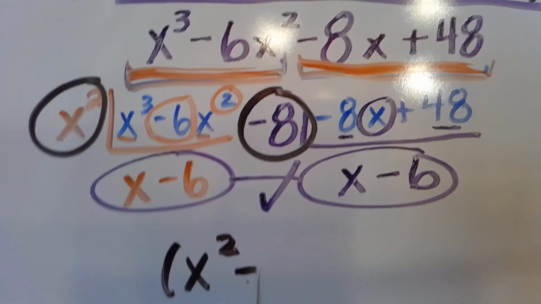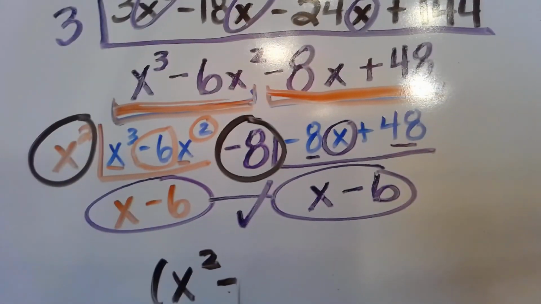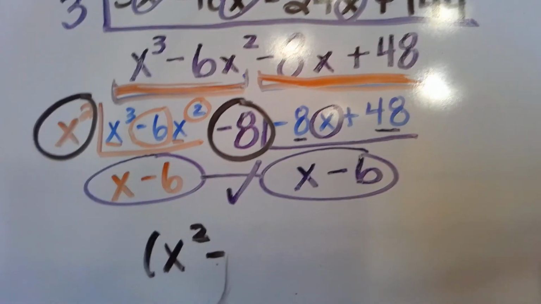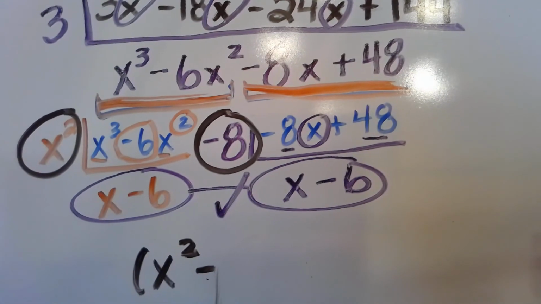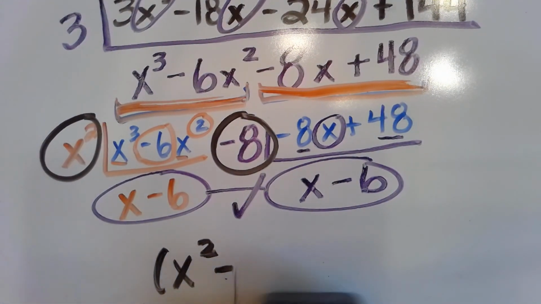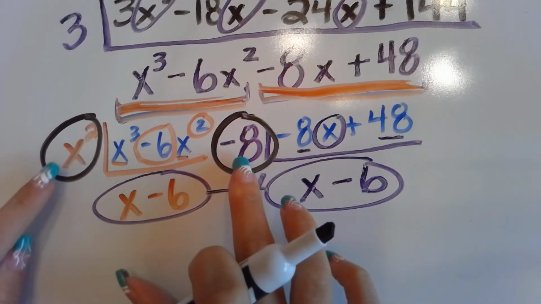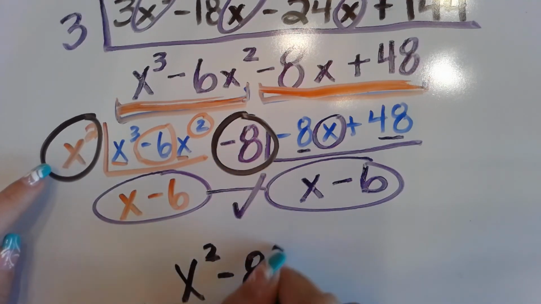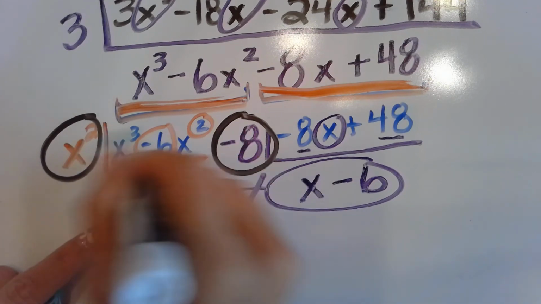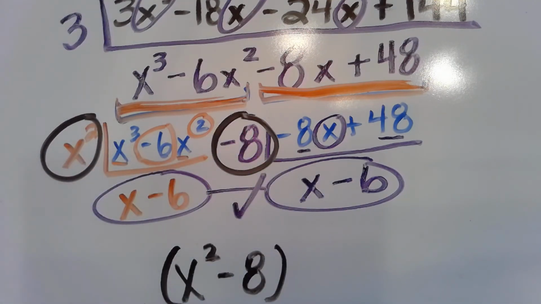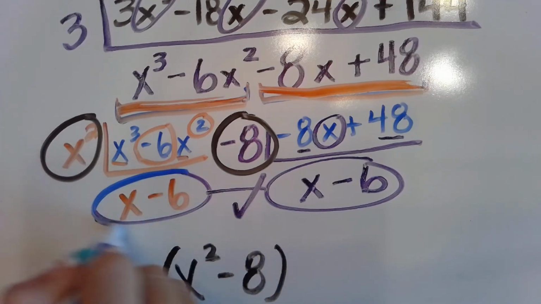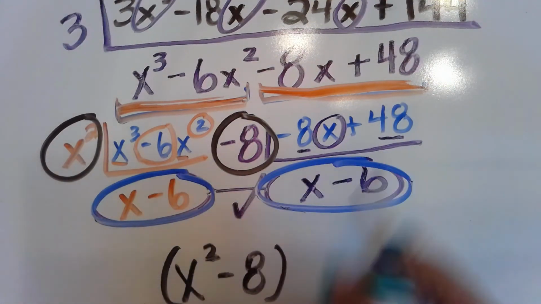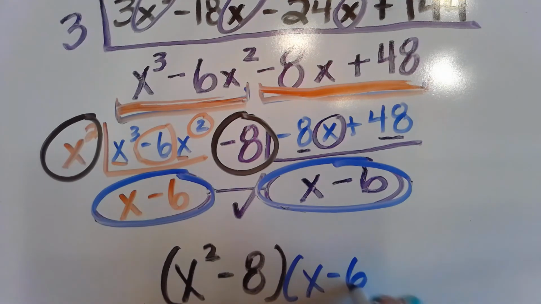So we're going to write our final answer. We have x squared minus 8, because that's where these two come from. We have this x minus 6 and this x minus 6. So we're going to write that here, x minus 6.